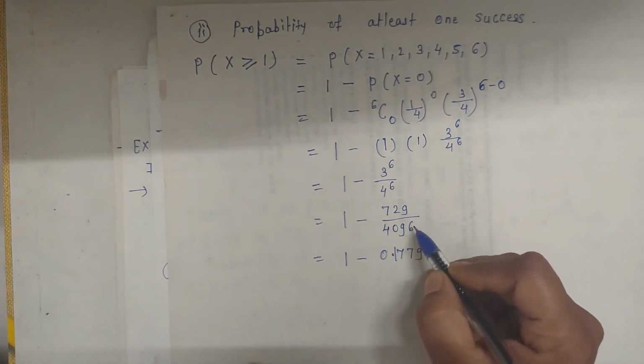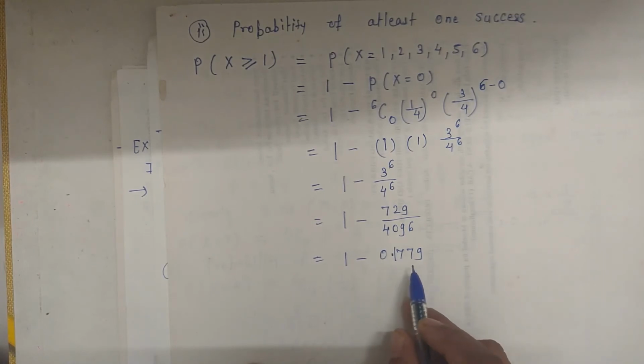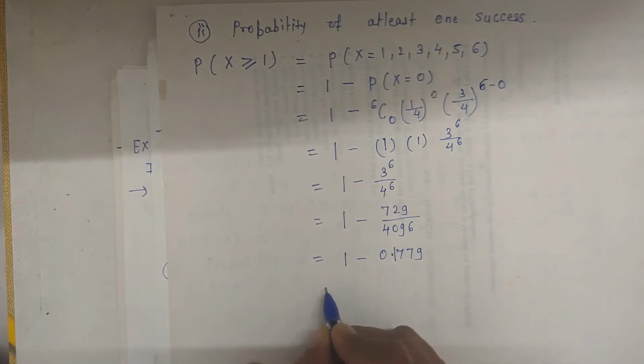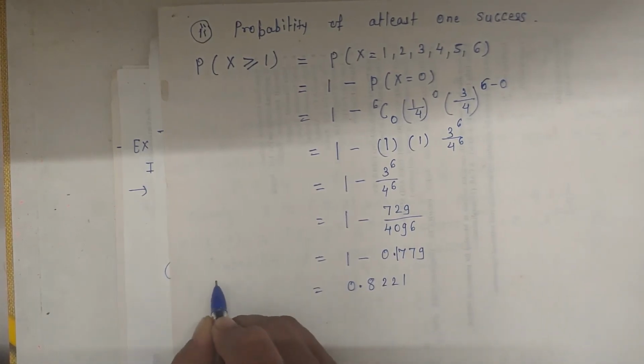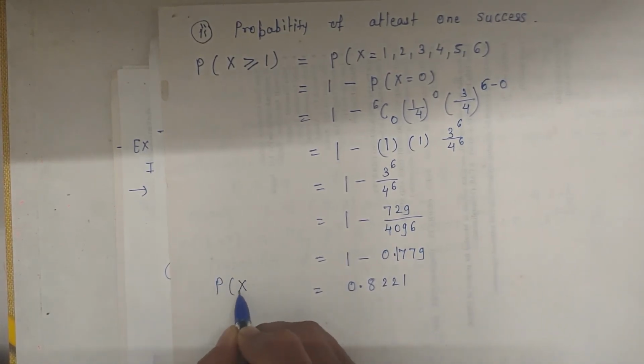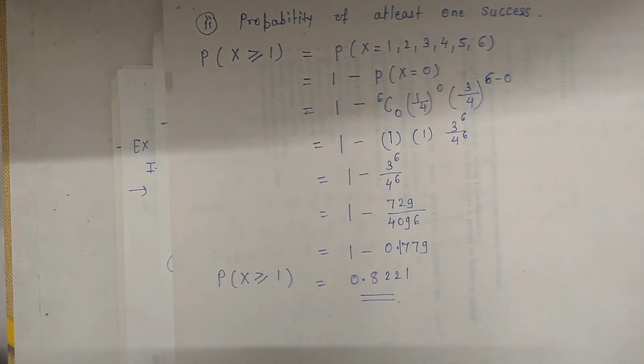The division of these two numbers is 0.1779, and the subtraction of 1 minus 0.1779 is 0.8221, and this is the answer for the probability of x greater than or equal to 1, 0.8221.